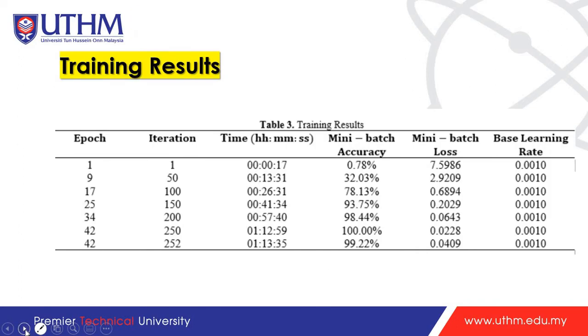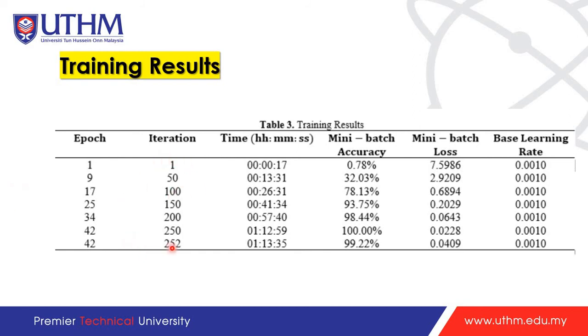Okay, and for the training result, 99.2% accuracy at the training stage was obtained. Okay, an epoch is exactly one forward pass to calculate the loss function and one back propagation to update the weights to minimize the loss function.